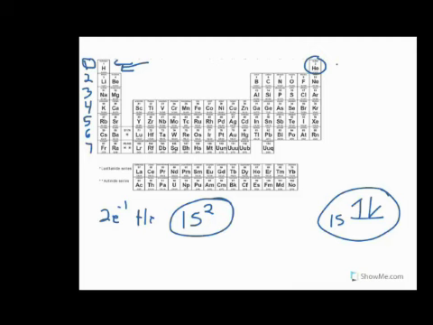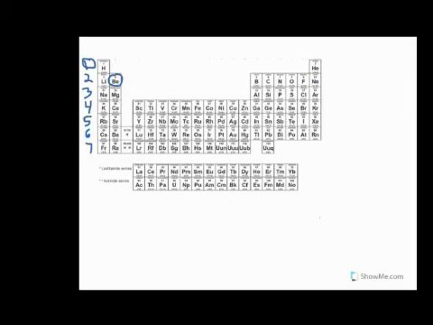Pretty easy so far. Let's do another element, say beryllium. Let me erase. So we're going to do beryllium, which has 4 electrons. So I start here with the hydrogen at the top, and I go through here. That's 1 electron, 2 electrons. So that's the 1s orbital. We're on the first row.